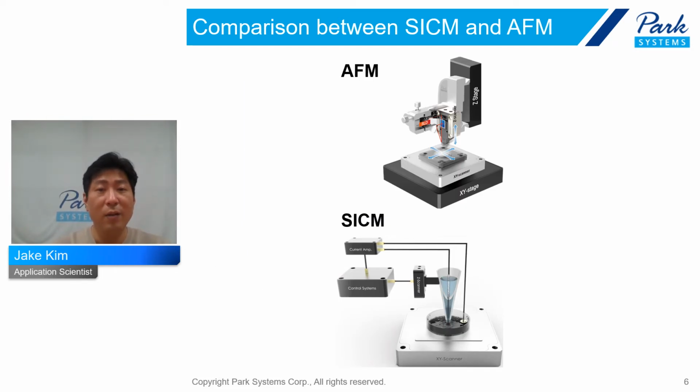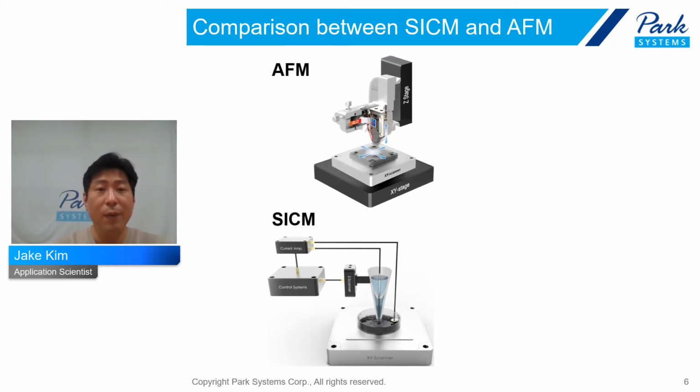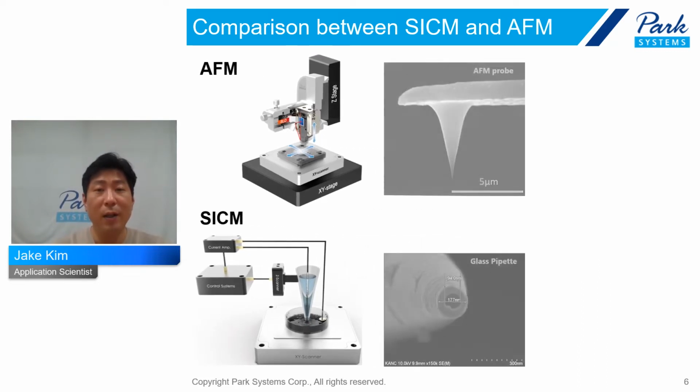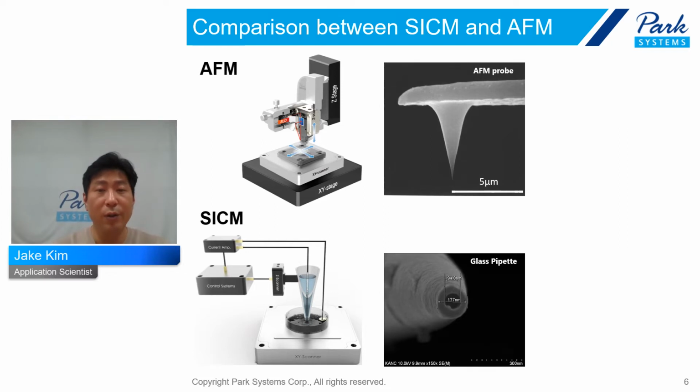Let me show you the comparison between an AFM tip and the nanopipette of SICM, the most famous pipette-based technique. In AFM, a very sharp and rigid tip is used, and the tip radius is about 10 nanometers or less.